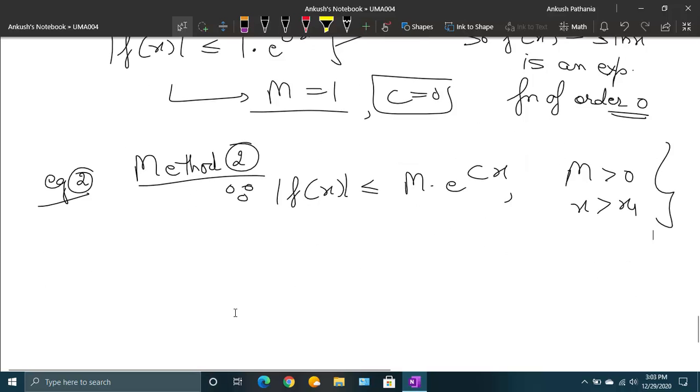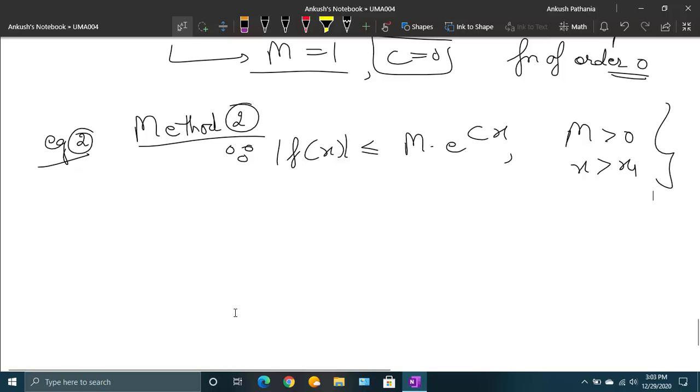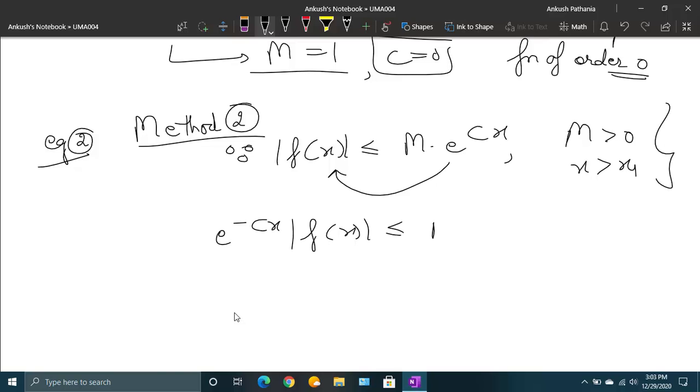Whenever we are not getting the answer with the function in this form, we take e^(cx) to this side, and we get e raised to minus cx times mod f(x) less than or equal to M. That is, we try to show that this term is bounded above by some finite positive constant M. So that is the second method, where instead of taking the mod of f(x), we consider this term and try to see whether it is bounded above or not.